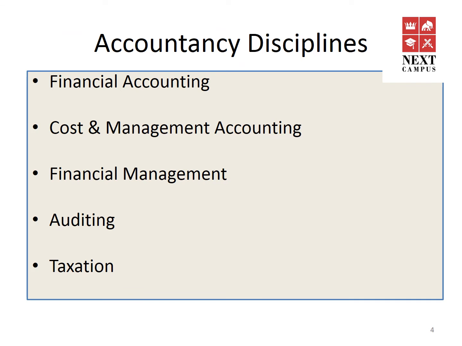After learning the definition, accounting is the process of record keeping for the users to make informed decisions and judgments. So now we will learn what disciplines come under accounting.